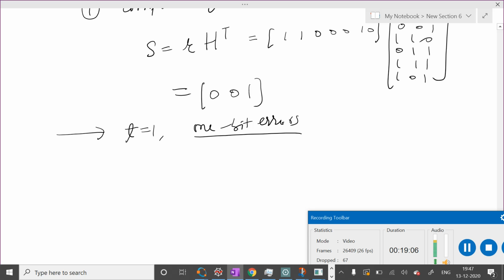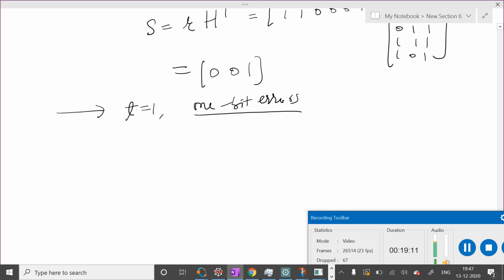For 1 bit errors, what are the possible error patterns? They are very simple to tell. So first of all, if there is no error, this is the error pattern, obviously, right? Its syndrome is also obvious, 000. So this is the syndrome, and this is the error pattern.